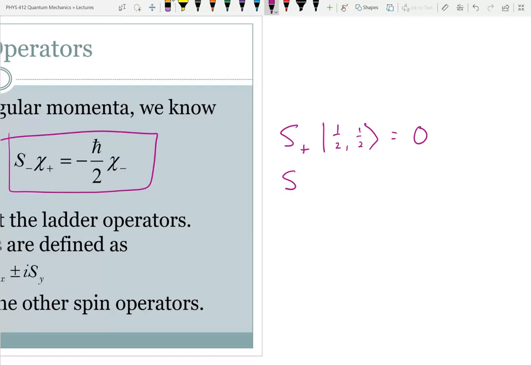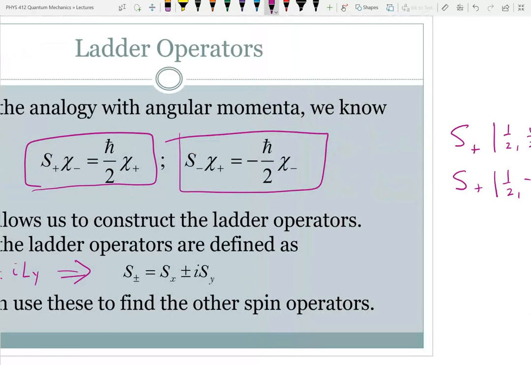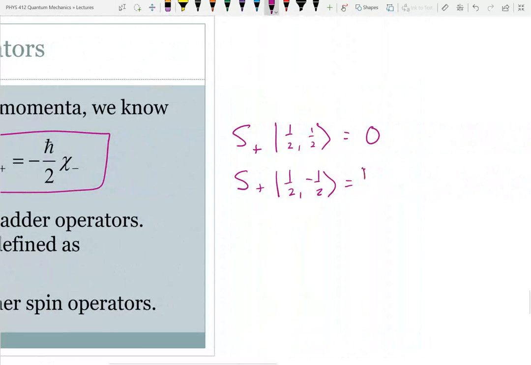And S plus on 1/2 comma minus 1/2 is going to equal, and that's what I have right here, H bar over 2, 1/2, 1/2.